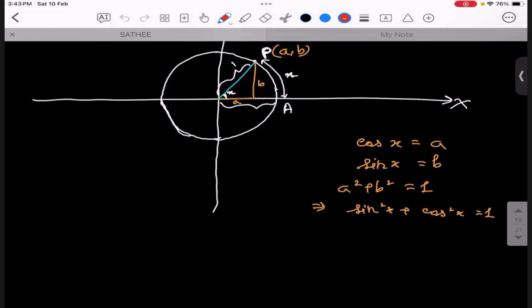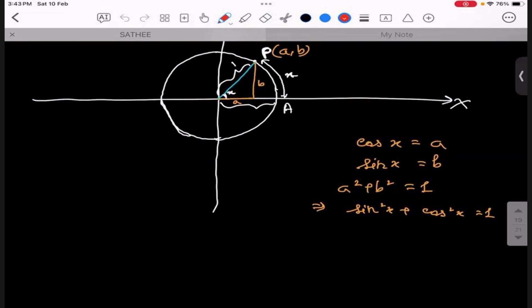Now what is the value of sin x and cos x? Cos and sin are two functions which are called trigonometric functions. They can take any real number as their domain, because x is a radian measure and x can be any real number.